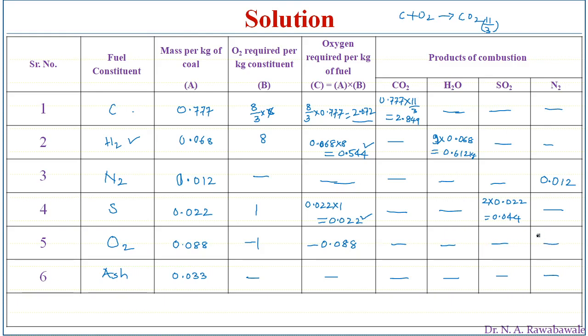Now, looking at this, if we find the summation, 2.55 kg of oxygen is required completely to burn carbon, hydrogen and sulfur. So we need 2.55 kg of oxygen.